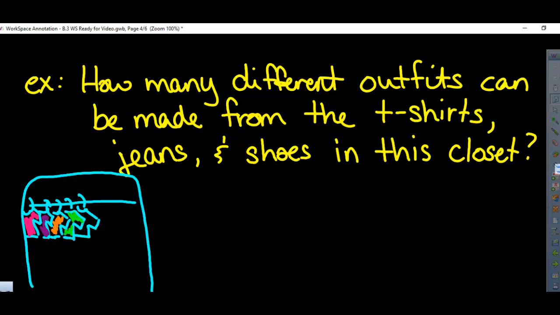So here's another route to figure this out. I got my little closet. It has 5 different t-shirts in it. And we need to know how many different outfits we can make from 5 t-shirts, 4 pairs of jeans, and 3 pairs of shoes.